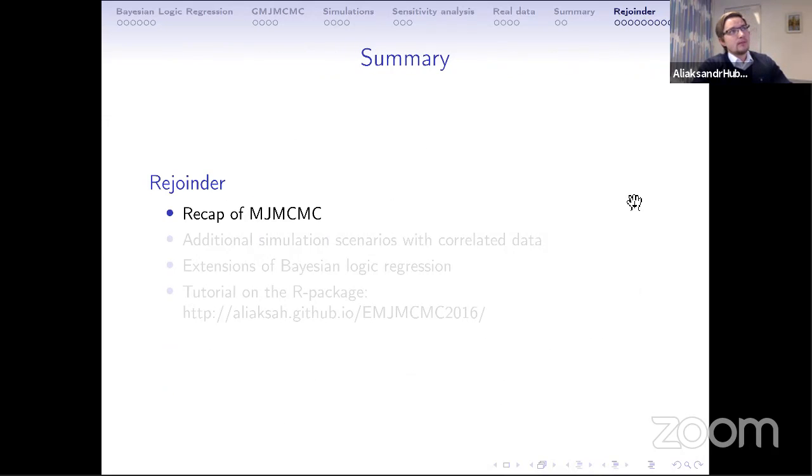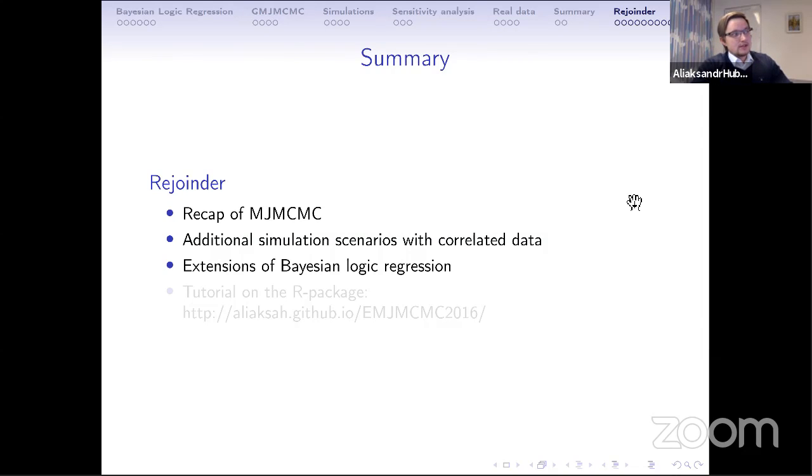So that was pretty much it for the rejoinder today. You can find a recap of the GMJ-MCMC algorithm additionally in the text of the rejoinder available in the journal. We report all of the details on the simulation scenarios with correlated data.